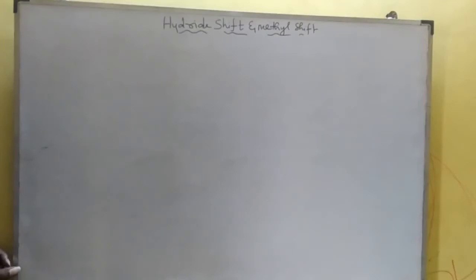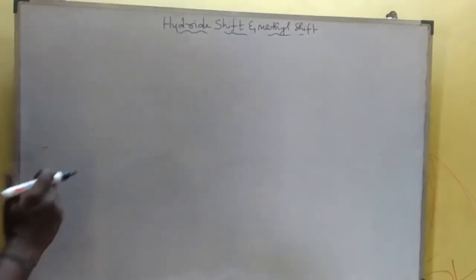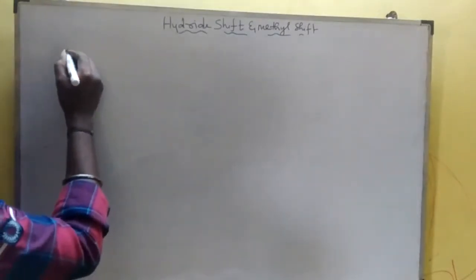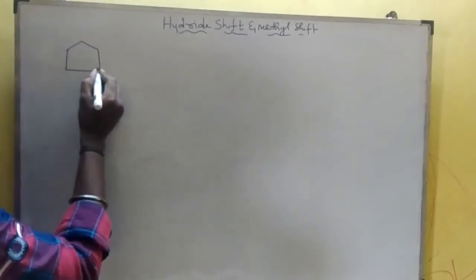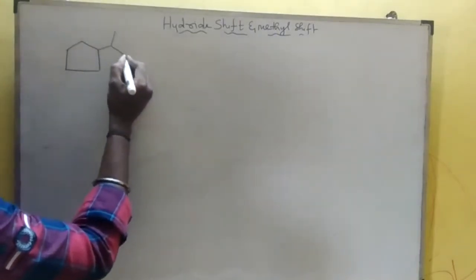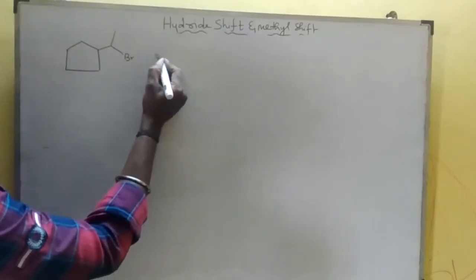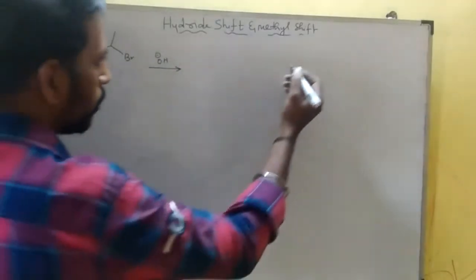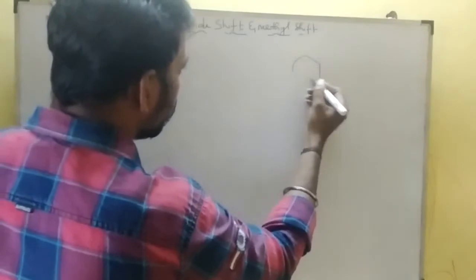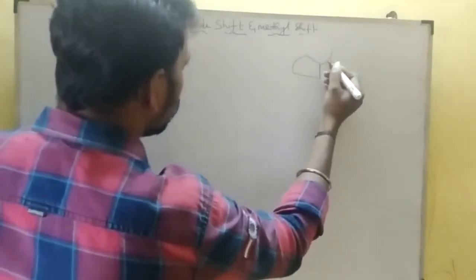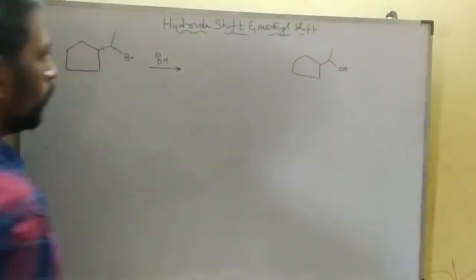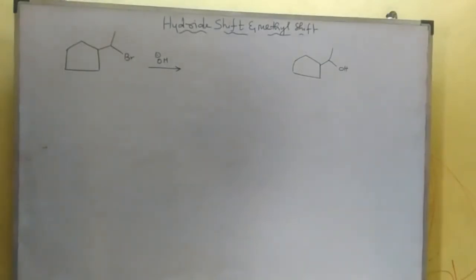Let us see how this ring expansion takes place in such compounds. Let's have an example. For this, your expected product will be like this. But what is the actual product?